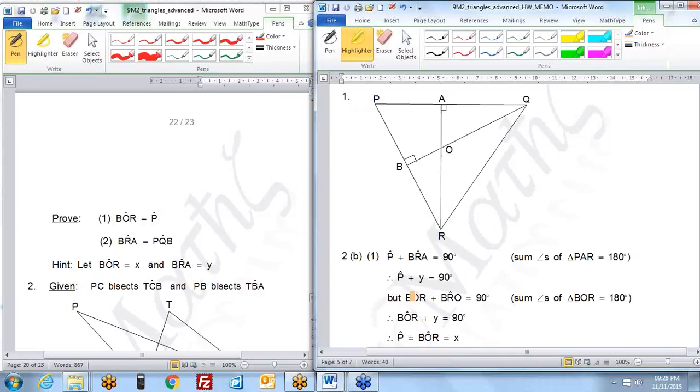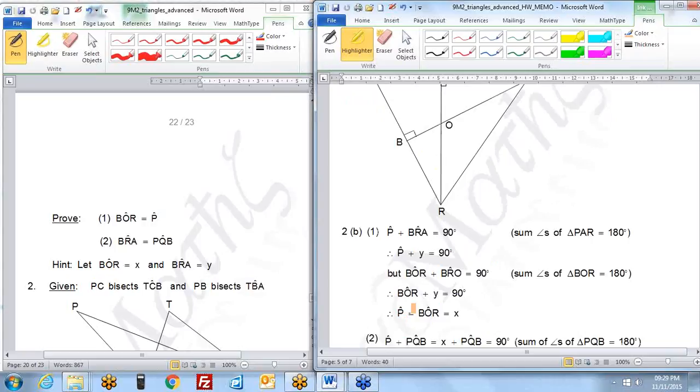But angle BOR plus BRO equals 90 degrees because it's the sum of the angles of triangle BOR, which will be equal to 180. Therefore, angle BOR plus Y equals 90.